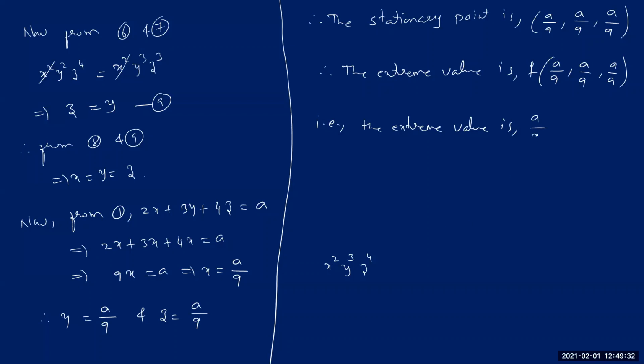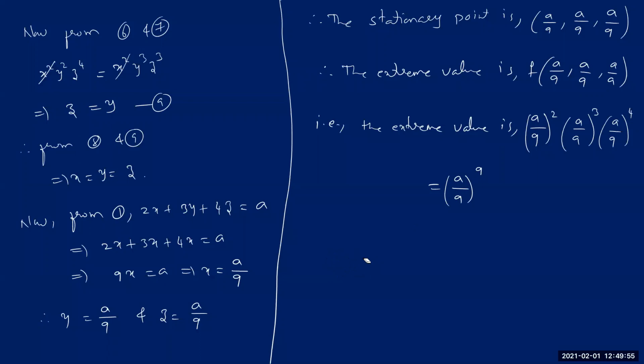So we get a by 9 whole square, then a by 9 whole to the power of 3, into a by 9 whole to the power of 4, which is equal to a by 9 whole to the power of, you can just add all these three powers, it is 9. So it is a by 9 whole to the power of 9.